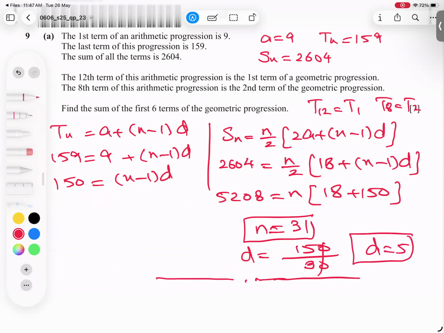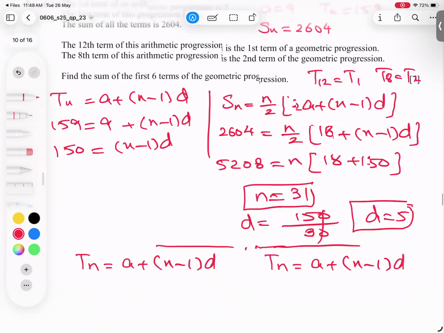Now students, we can go for this planning. The question is looking for the 12th term and 8th term, otherwise we cannot solve. 12th term is what? a plus n minus 1 into d. This formula I will copy 2 times.